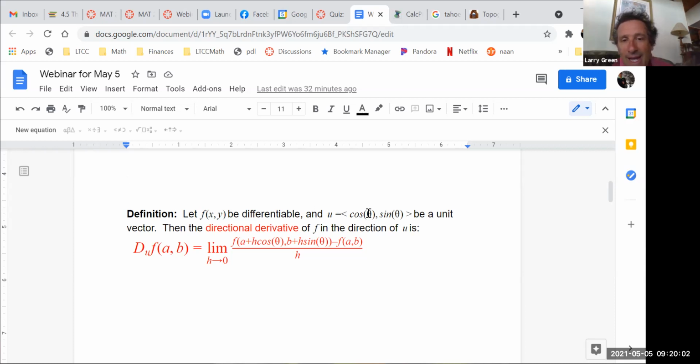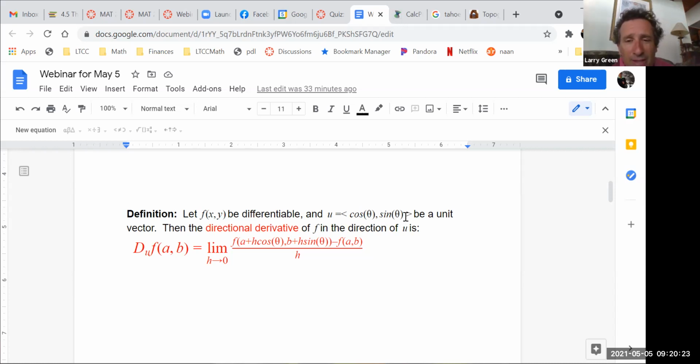Then x is r cosine theta, y is r sine theta, r is 1. So now you just get cosine theta, comma, sine theta. And that's our unit vector. I converted to polar coordinates and then put it back into rectangular, and there we go, that's our unit vector. But theta is, again, that angle from the positive x-axis.